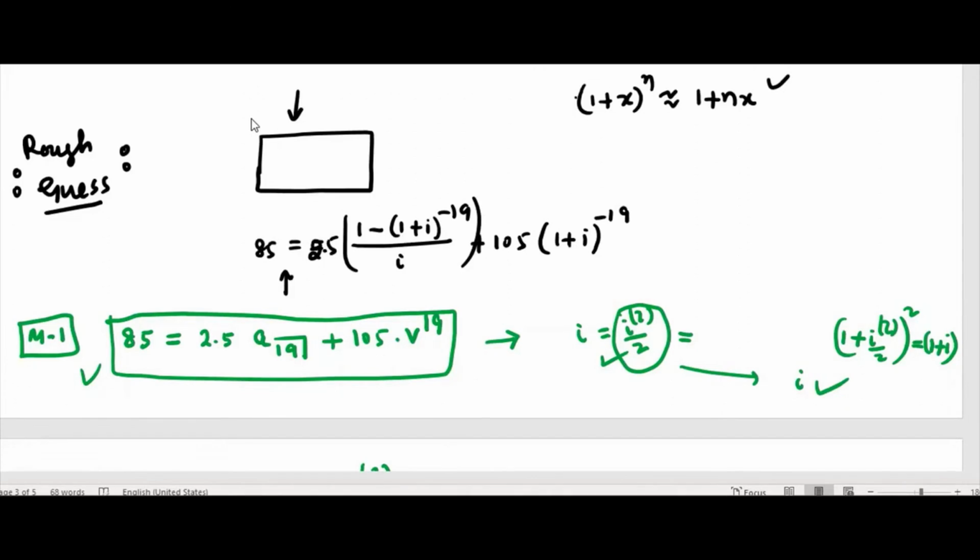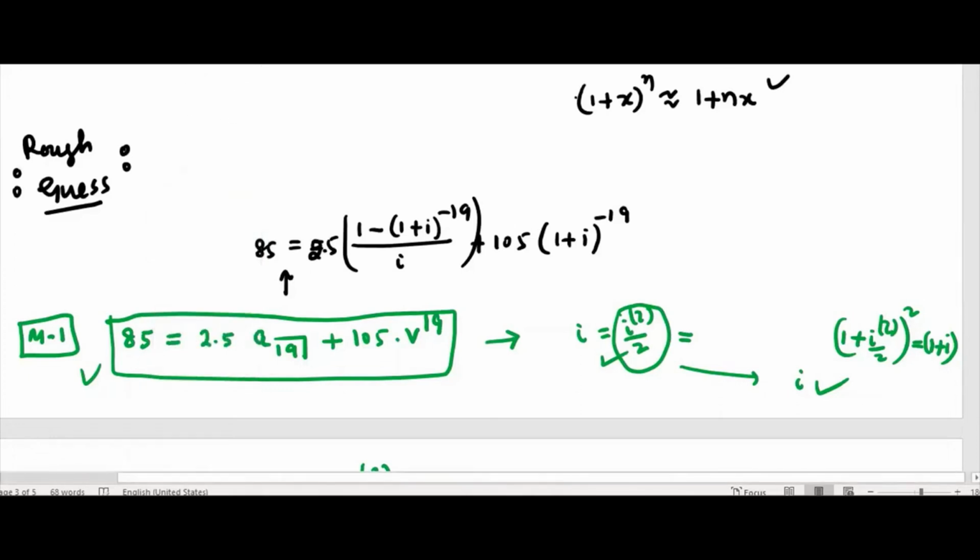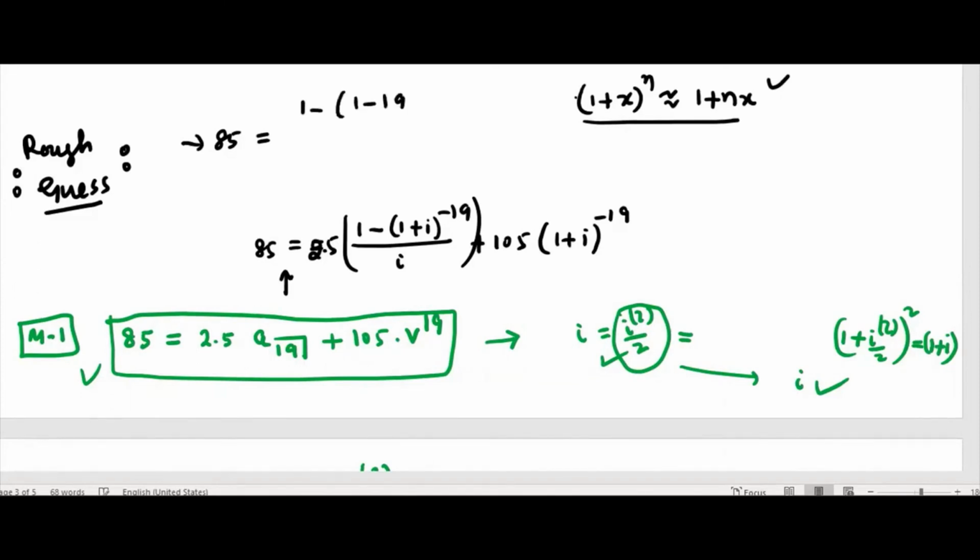So where you get v^19, there you have to take this one, 1 minus nx. So this will be 1 minus 99, minus minus you will get plus 99. Let me write 1 minus 19i divided by i into 2.5 plus 105 times (1 minus 19i).